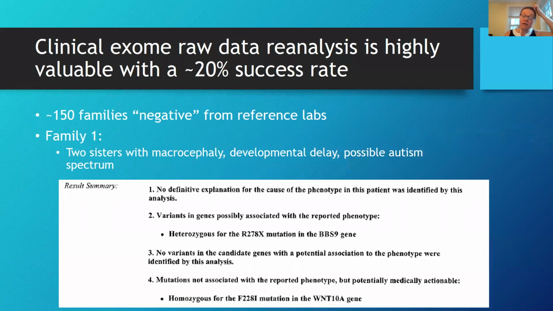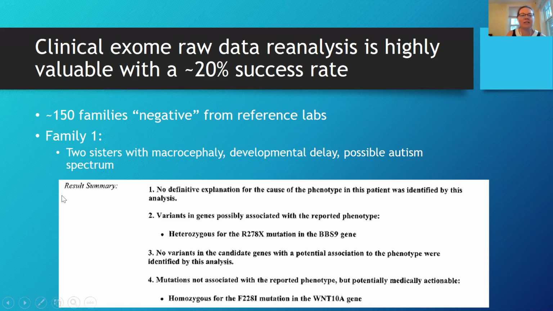So this is going back to a family from the US that did have a clinical exome done. And this is very typical for patients that we see that have a clinical exome performed but don't get a diagnosis. These are two families that have macrocephaly, which was their craniofacial difference that got them to us.